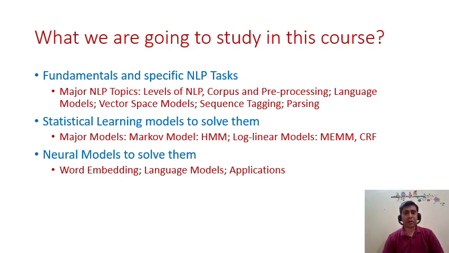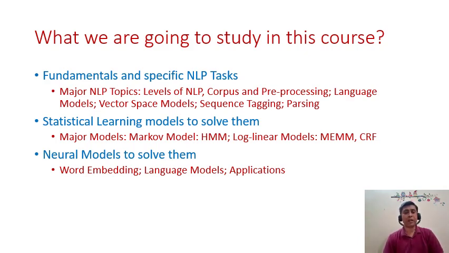Behind each of these NLP tasks, we will look at what kind of statistical learning models were earlier used to solve them and to obtain automatic models to process new data sets. Some of these models are still very relevant, even though, as some of you are aware, all NLP applications are now primarily driven by neural models.